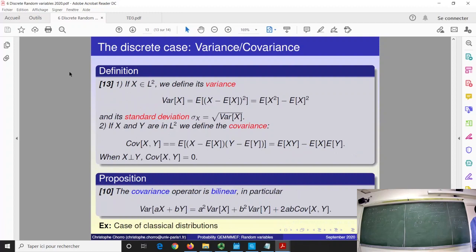I will define the variance and discuss it a little. I want to do the classical computations, because if you are able to compute the expectation, you can compute the variance.